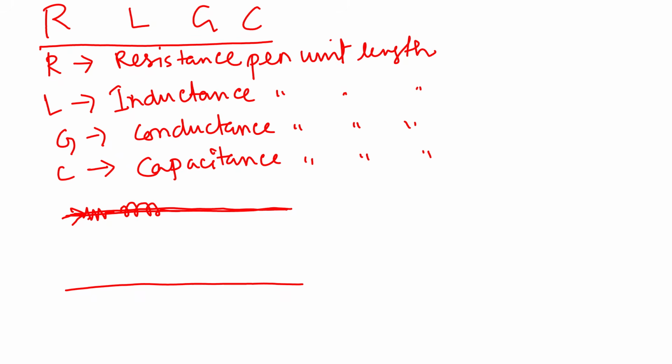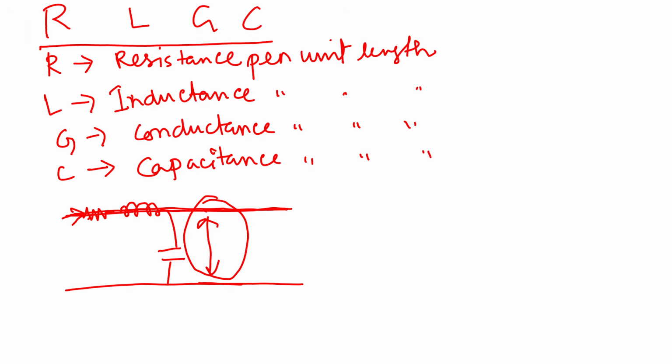Then again, in the setup of this two-wire transmission line, this is one conductor and this is another conductor, which are separated by dielectric materials like air or plastic. So this is the setup of a capacitor.